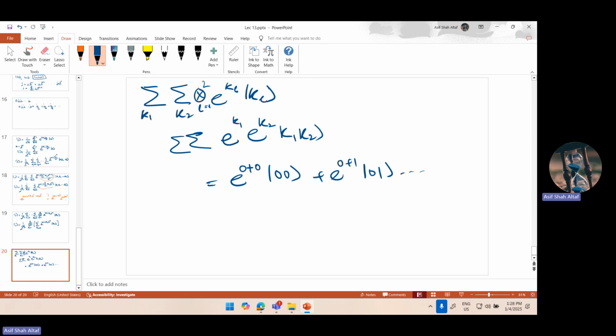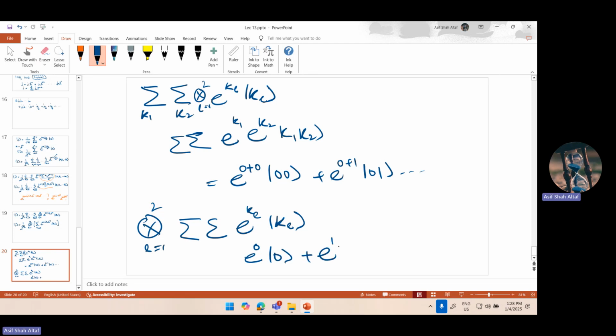But if I take this product out and use the summation first, then what I will get is first e to power 0 plus e to power 1.